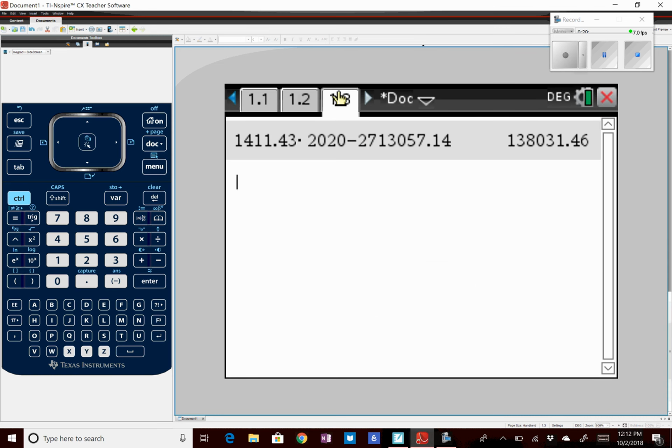If you hit menu and statistics, you want stat calculations. And then you're going to do number 3, linear regression MX plus B. It's going to ask you for your column headings. So our column headings were X and Y. And then I'm just going to tab down to OK.